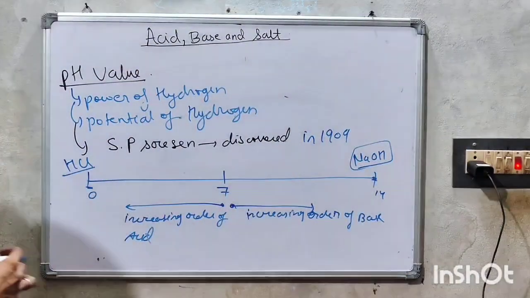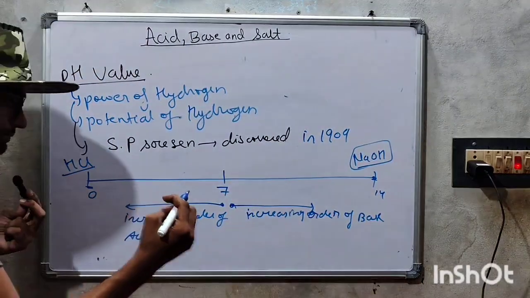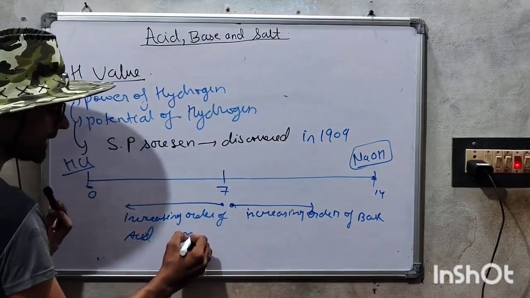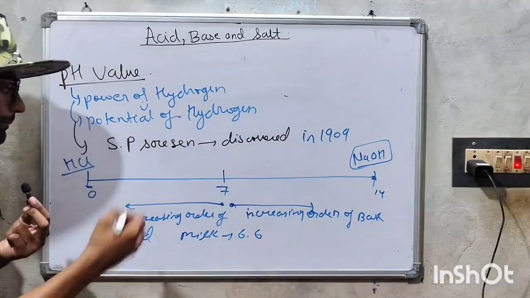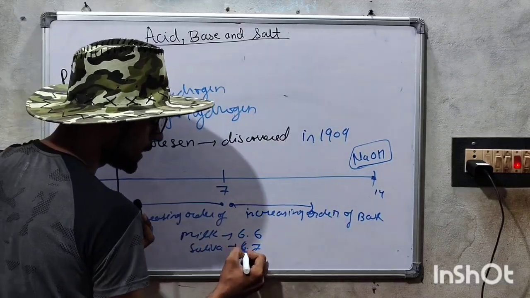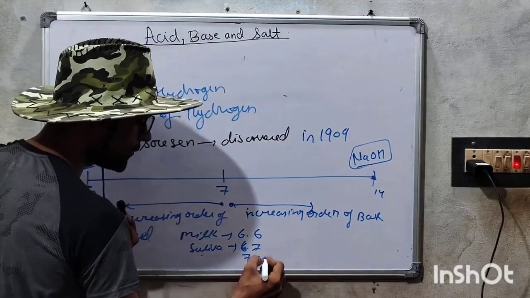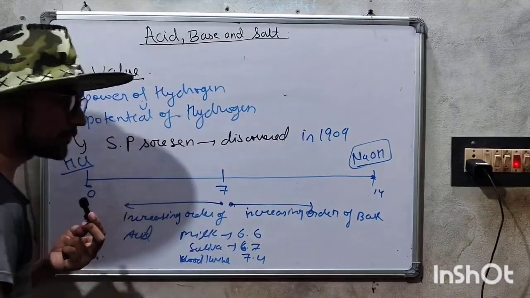And some important pH values that we have to remember: milk has a pH value of 6.6, saliva is 6.7, human blood is 7.4, blood or urine we can also say is 7.4.